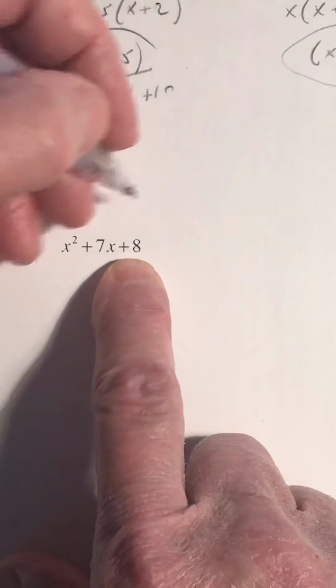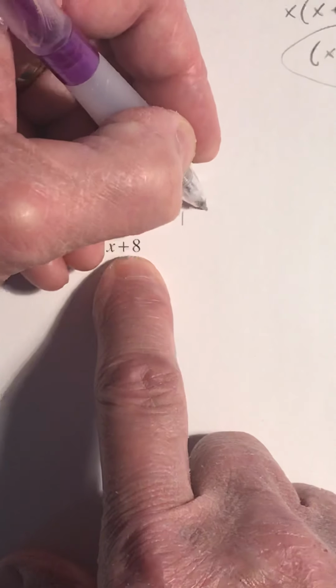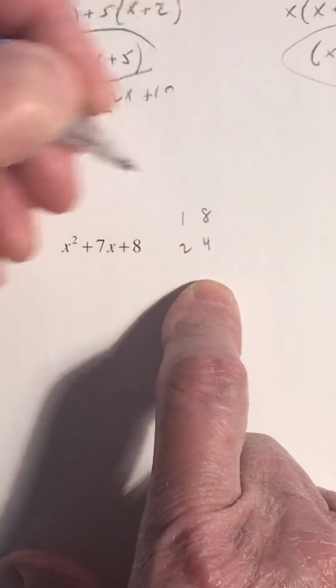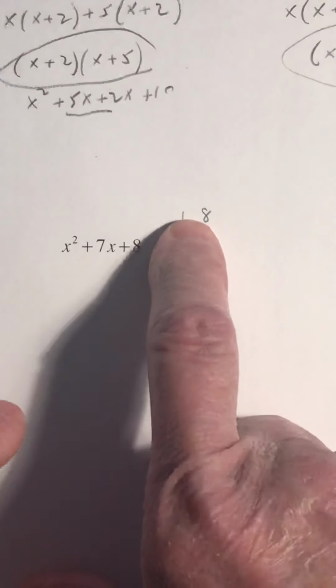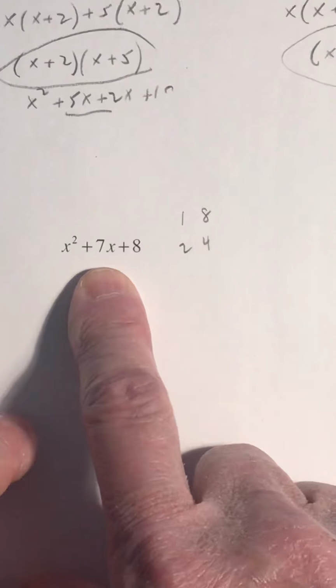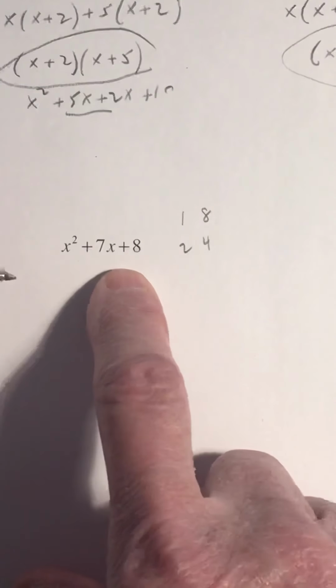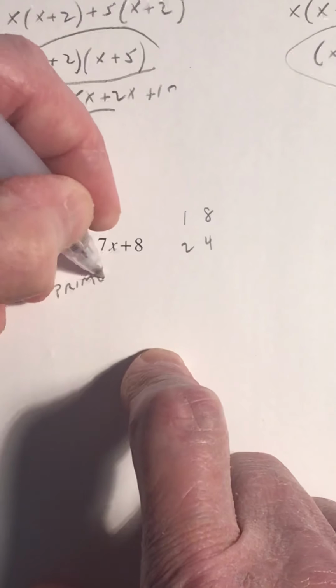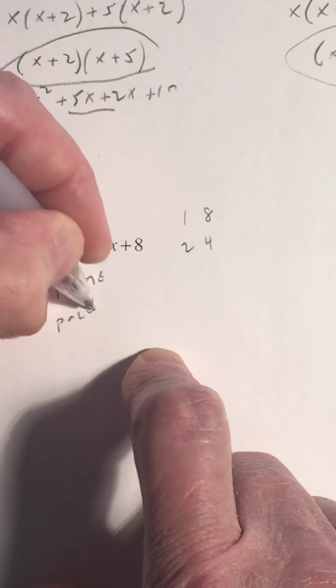Now, if we try to make a list of all the ways you can multiply and get 8. You got 1 times 8 and 2 times 4, and that's it. And neither one of these add up to 7, do they? So this is not going to factor, and this is what we call a prime polynomial.